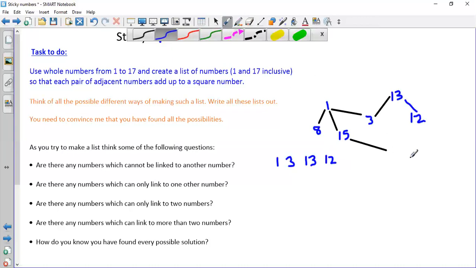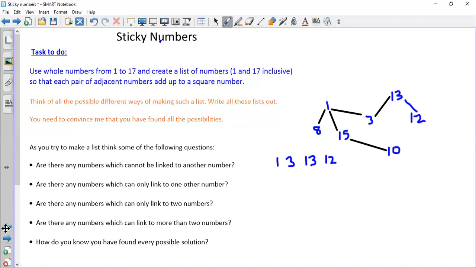And if I write 10 here, then 15 plus 10 is 25. Anyway, so I am producing a list starting with the number 1. I could have started with 2, I could have started with 3, I could have started with 4, and so on. So I have to think systematically about what numbers I can use here to create a list, so that each pair of adjacent numbers next to each other add up to a square number.